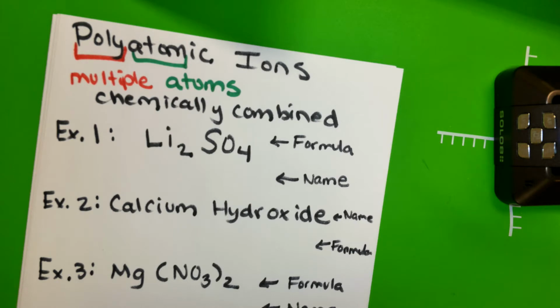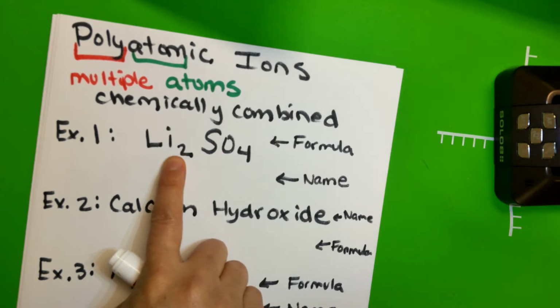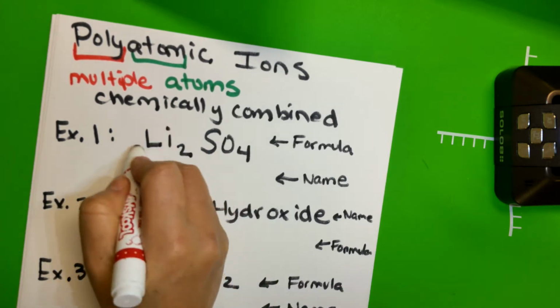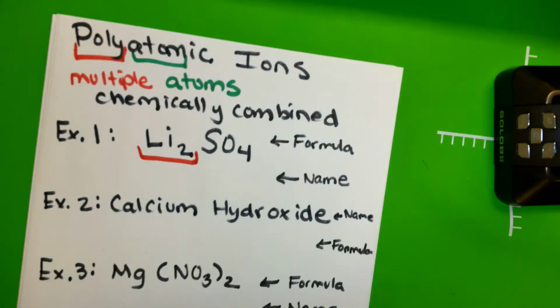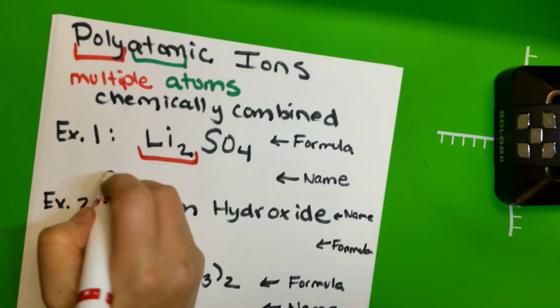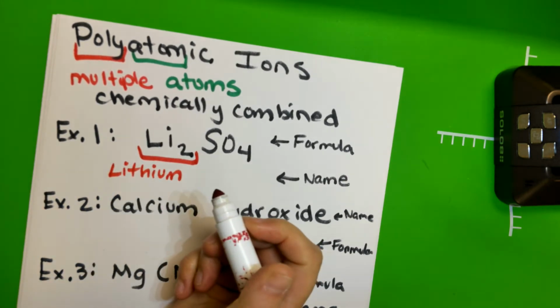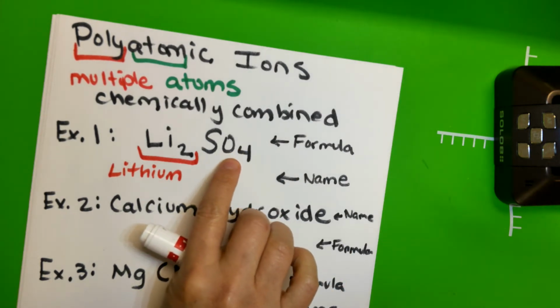and basically the rules are that the first one is usually the metal, and that one stays the same. So for Li, that right here is basically just lithium. That one just stays the way it looks in the periodic table, so you will write just lithium. And the names of the polyatomic are provided.